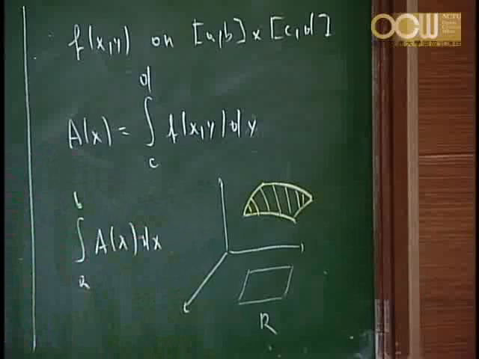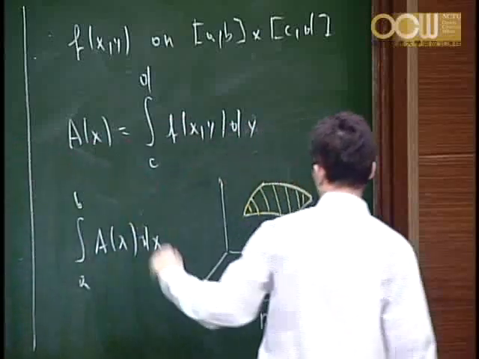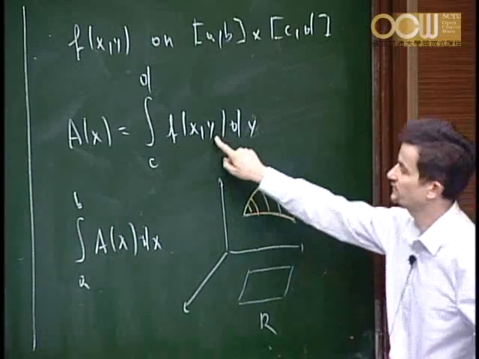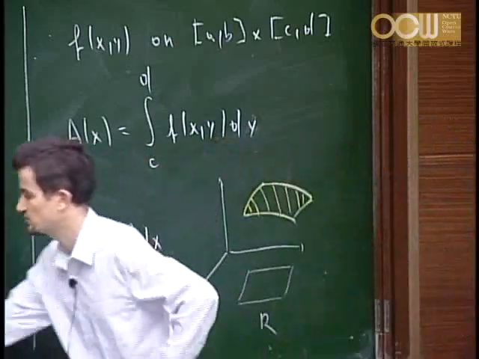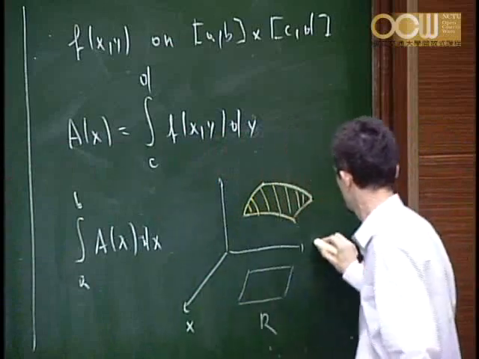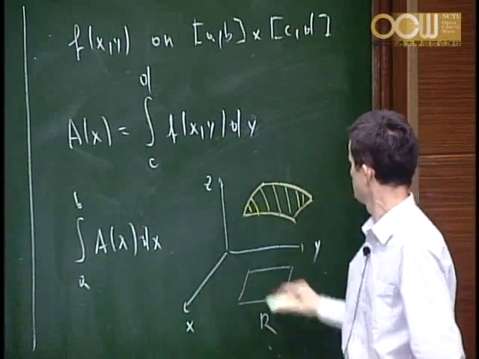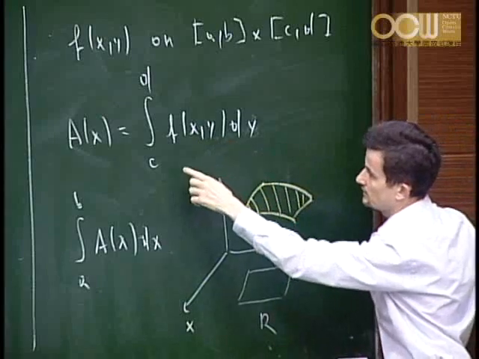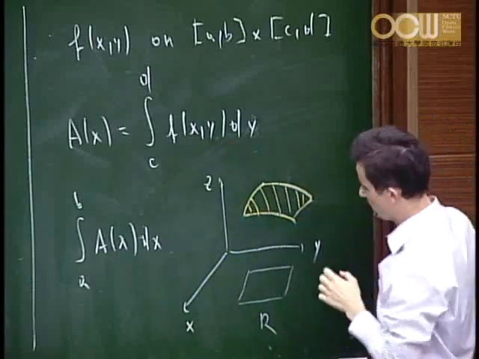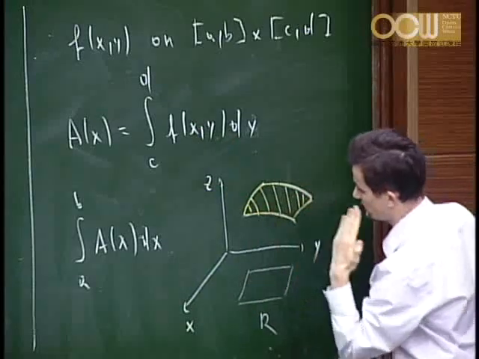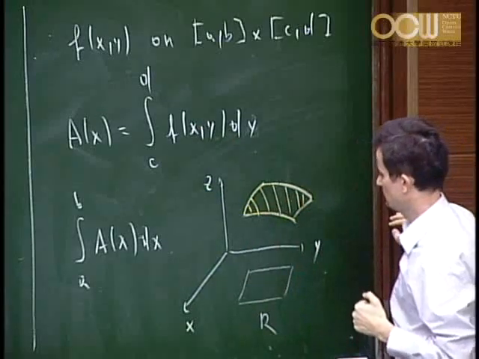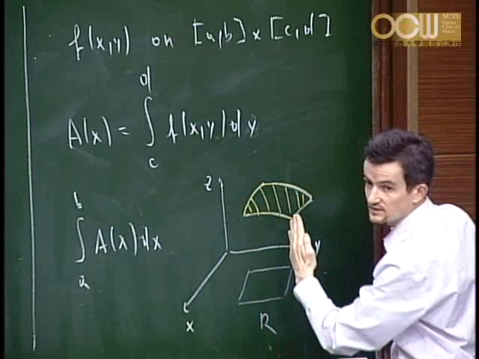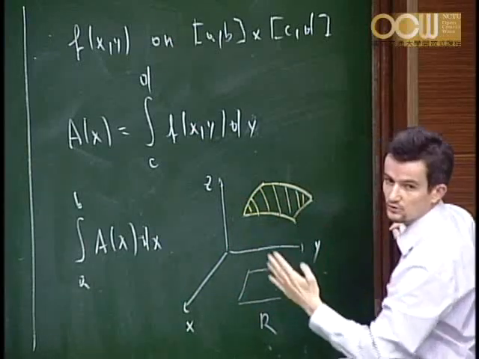Now, what is the meaning here of this one? So what we do is we fix the y direction. So this here is x, this is y. If we slice the solid with a plane which is parallel to the xz plane with a fixed y coordinate, then what you get is what we call cross sections.